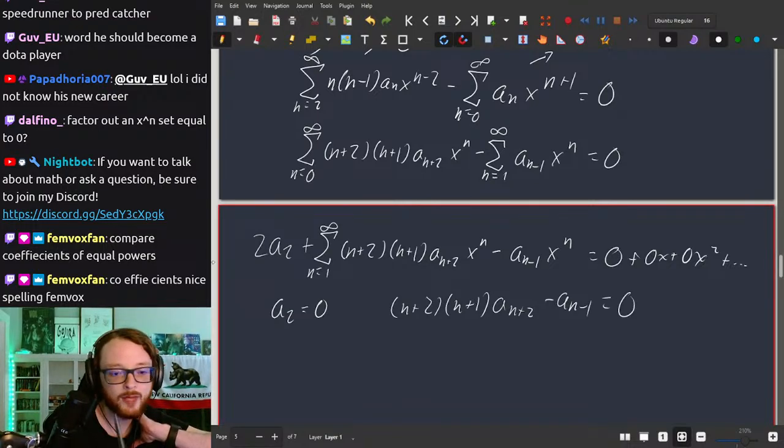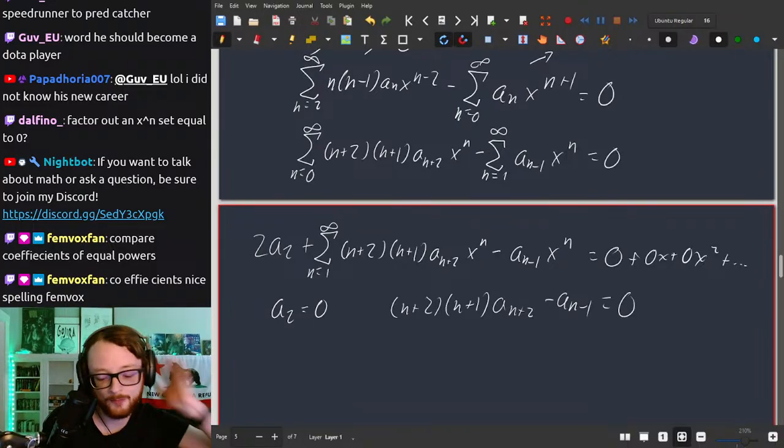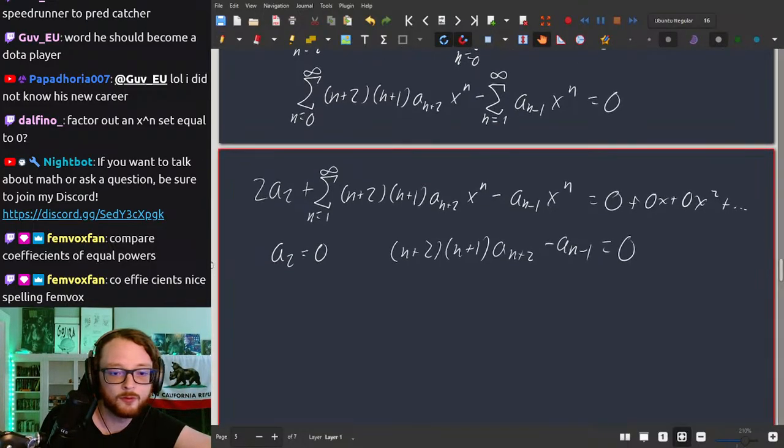And now we have to solve that recurrence relation, which is annoying. The way that I did this in my differential equations class was just to plug numbers in and hope you notice a pattern. There are definitely better ways to solve recurrence relations.